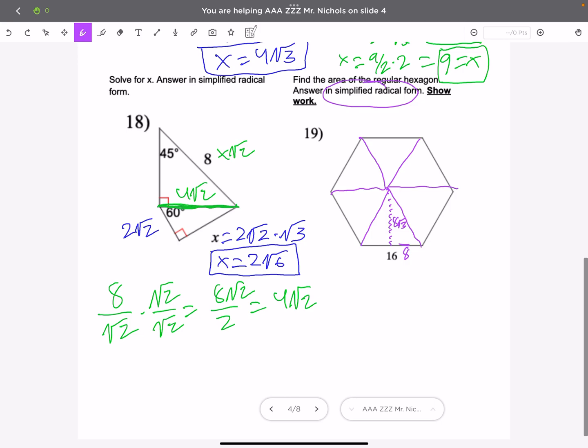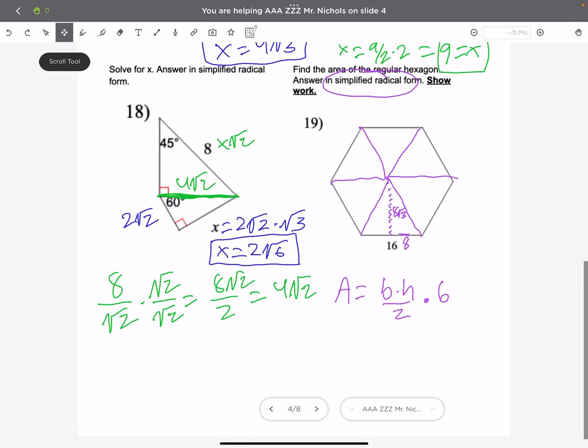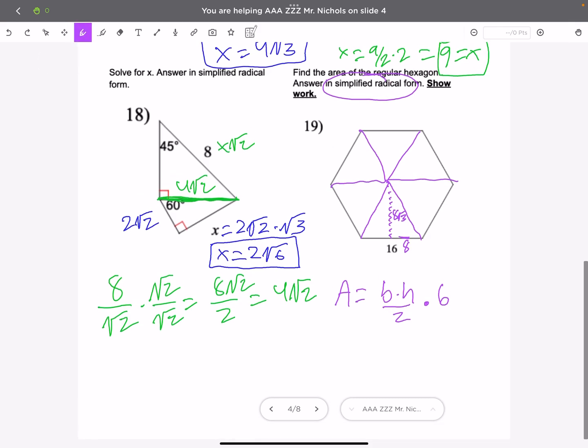And so to find the area of one triangle, we would just do base times height divided by 2. And then we're going to take whatever that is times 6, because there's 6 of them in our polygon. So that's just going to be the base, 16, times 8 root 3 divided by 2, times 6.